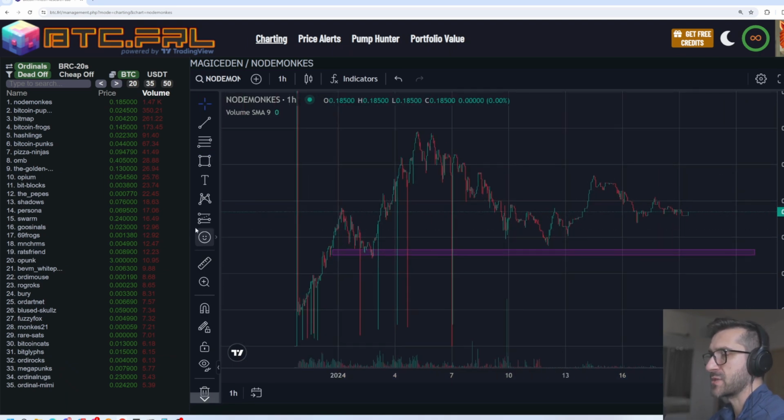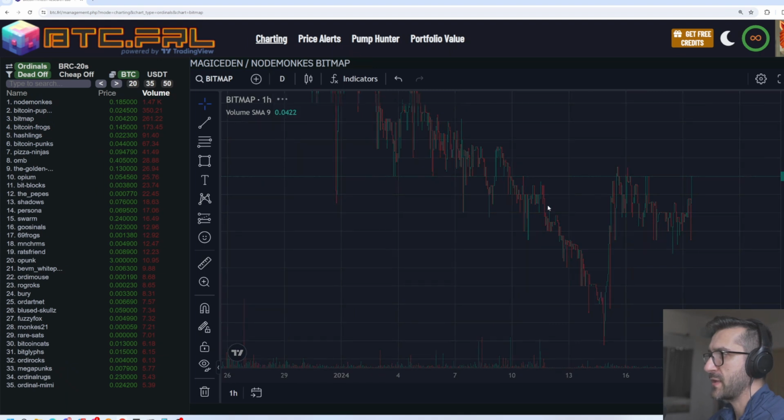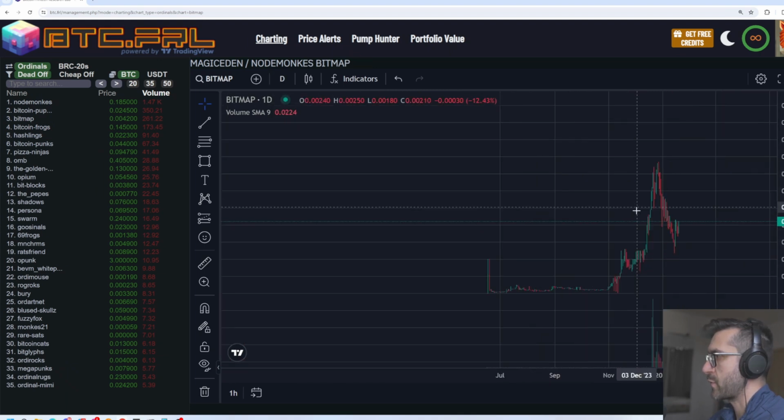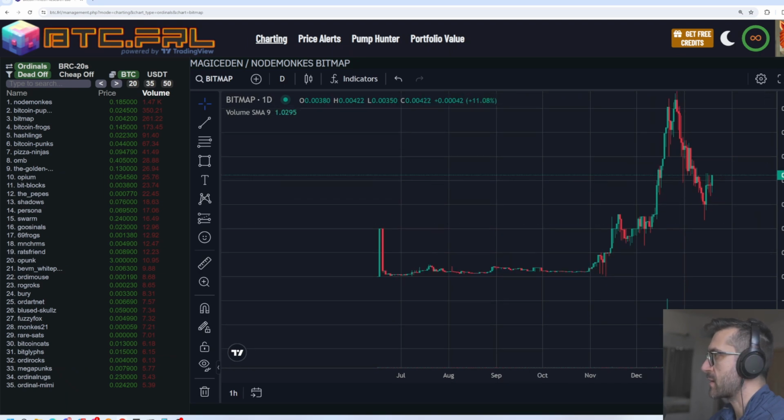The way I personally use it is, since I'm not an active trader, you can obviously use this to trade actively, but I'm not. For the collections that I really like, for example Bitmaps, if I go to the one-day chart, which is more useful for older collections, you'll see pretty much the full chart history here.